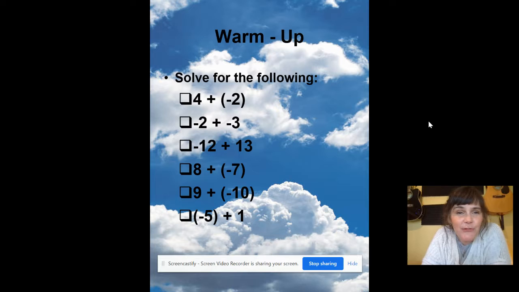If you want to really get the most out of this, go ahead and pause the video for a second and see if you can do these problems. 4 plus -2, -2 plus -3, -12 plus 13, 8 plus -7, and 9 plus -10, and -5 plus 1. Go ahead and pause the video and then come back when you've got some answers.